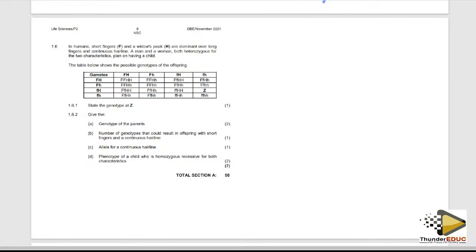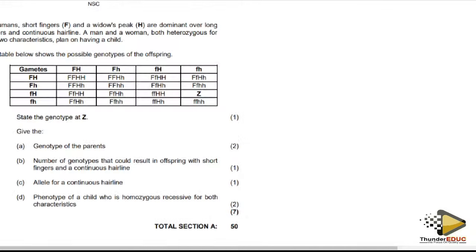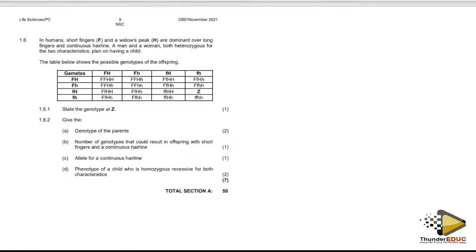Okay, now the question is saying that set Z is this with this. So basically, I'm just going to draw a line. This, you write what's there, and also this line, what's there. So it means that I'm going to say small f, and then capital H, small h.